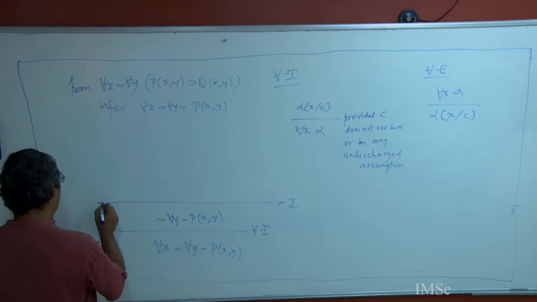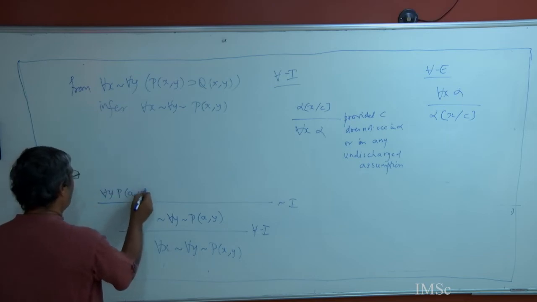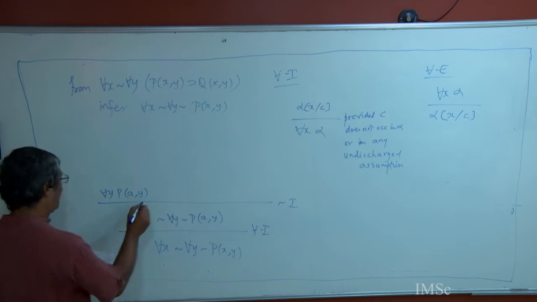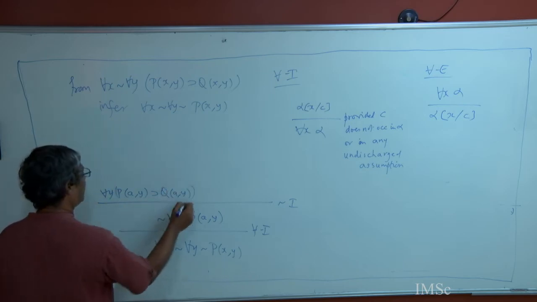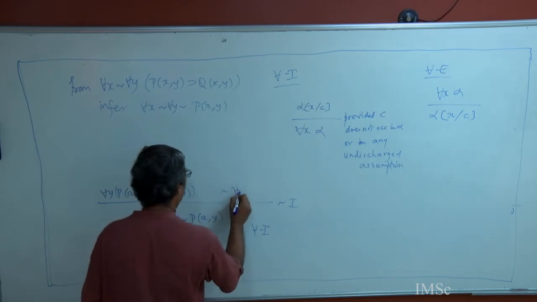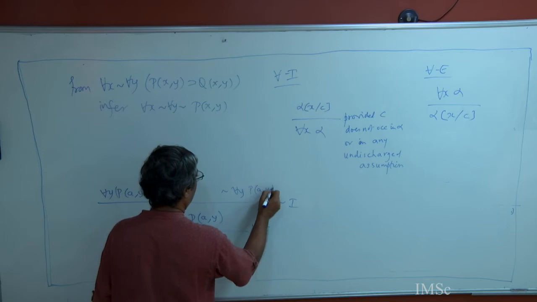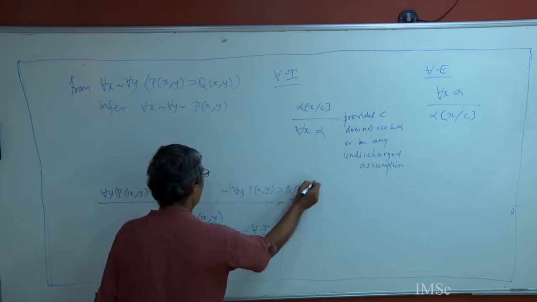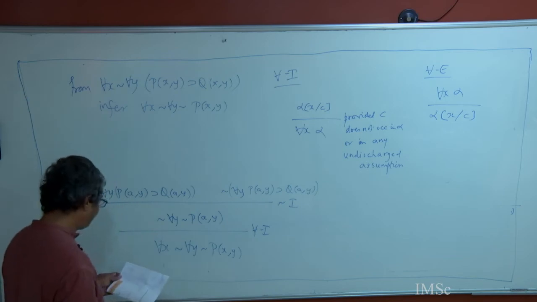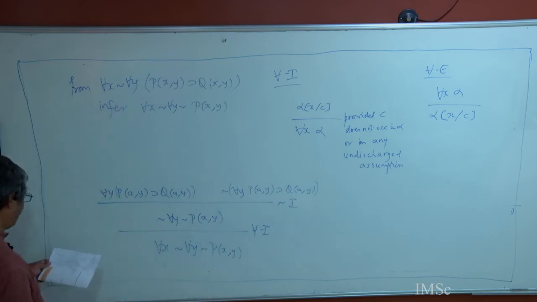Since it's sitting here, for all y P A Y implies Q A Y, and I will have not for all y, and then by negation introduction I can come here.